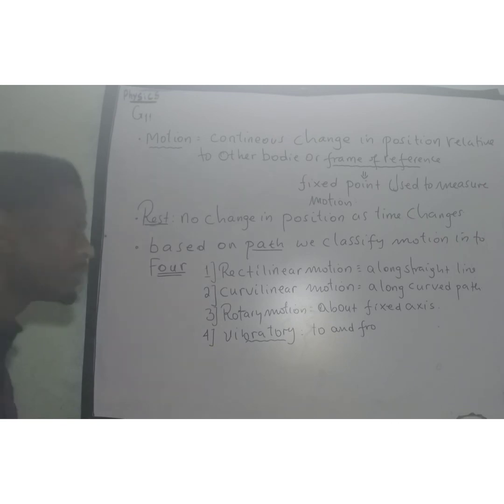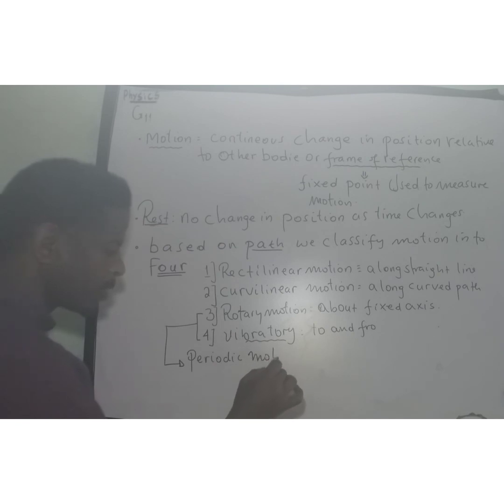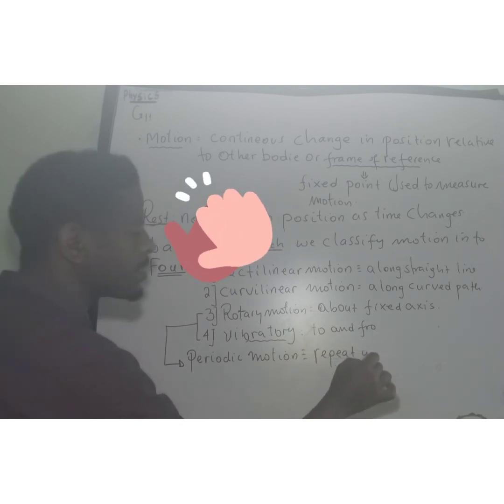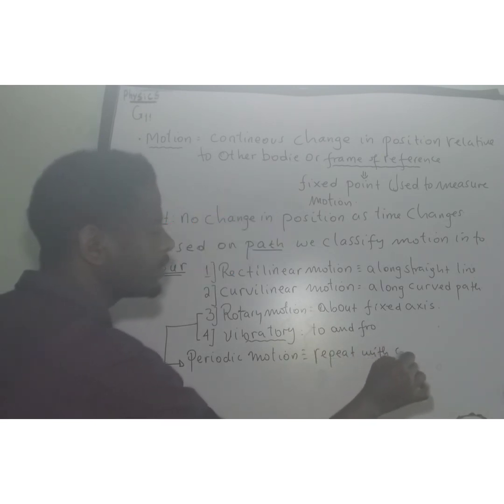From these 4 classifications of motion, both rotary motion and vibratory motion are examples of periodic motion, which means they repeat after a certain interval of time.